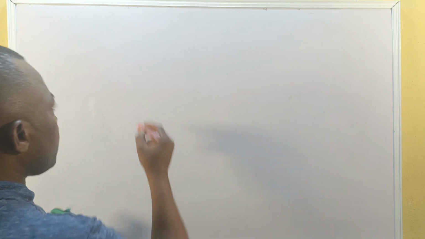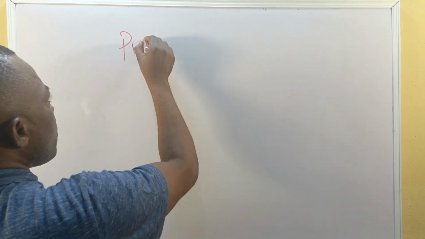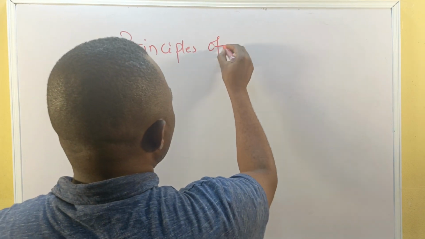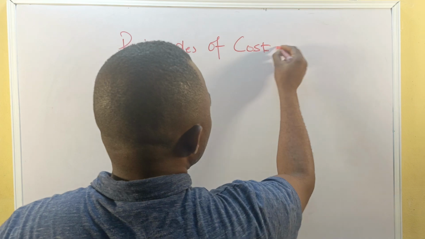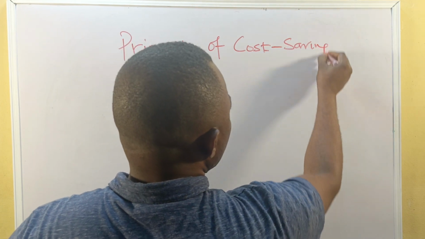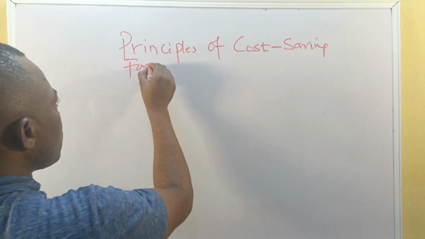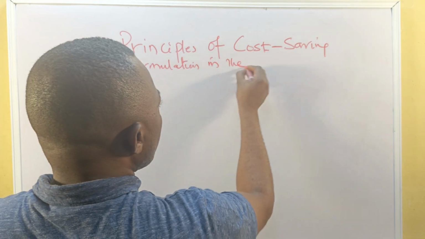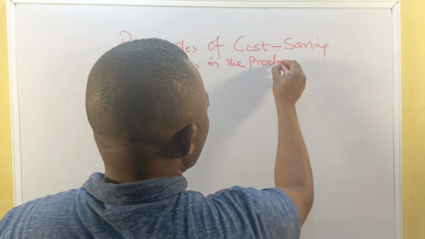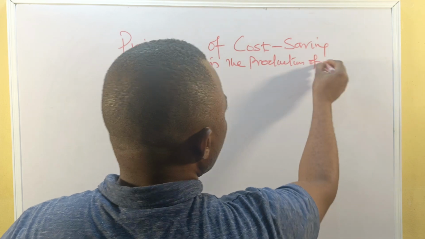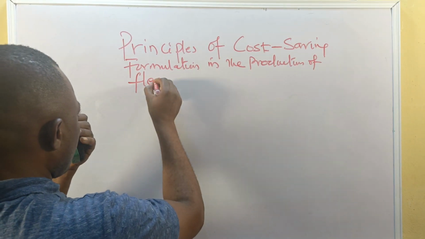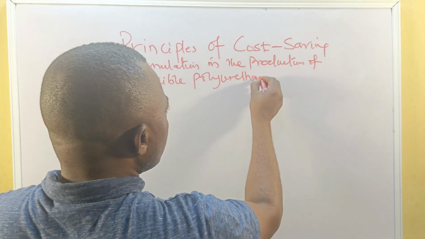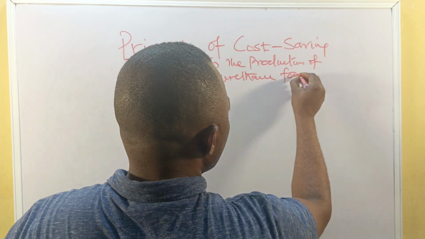That is to say, principles of cost saving formulation in the production of flexible polyurethane foam.